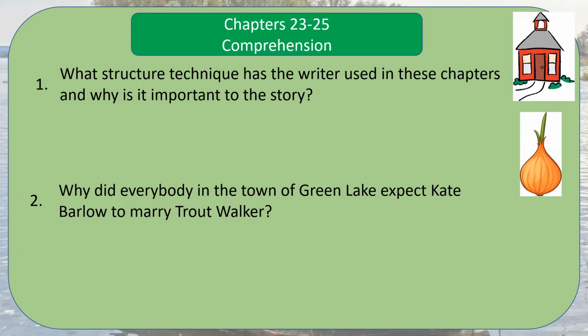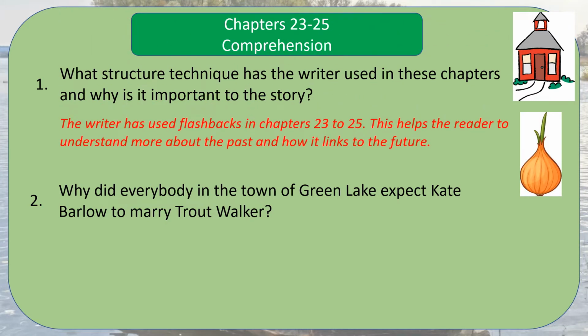What structure technique has the writer used in these chapters, and why is it important to the story? If you remember, a while ago we talked about all these structure techniques. Well done if you remembered that it was a flashback. The writer has used flashbacks in chapters 23 and 25.